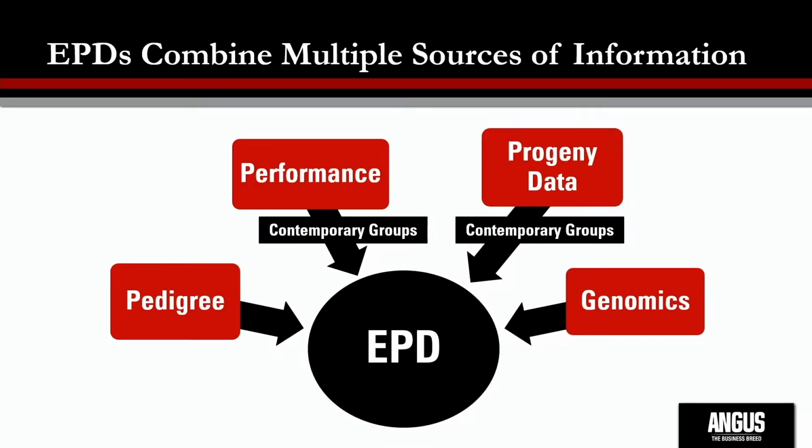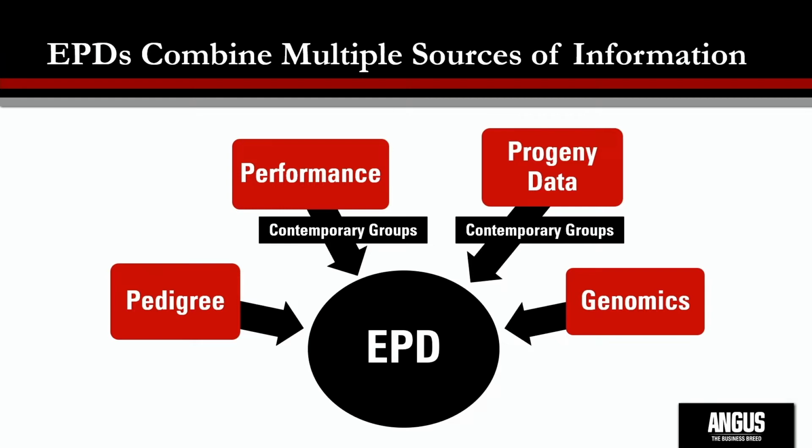Today, though, we're really going to focus in on that progeny piece of information that's out there. But before we do that, I think it's important to take a step back and talk just a little bit about EPDs, because our EPDs combine multiple sources of information into one number to make selection decisions. So the EPDs that we see will include information about the pedigree and those relationships that are enhanced by genomics.